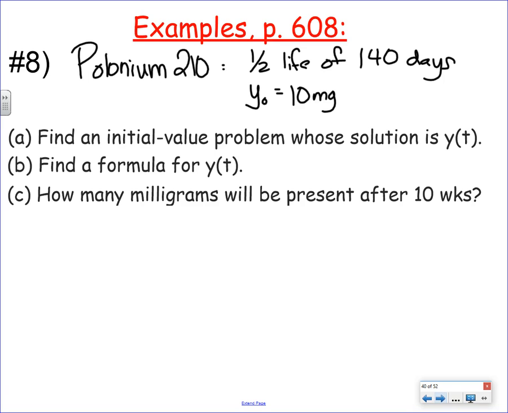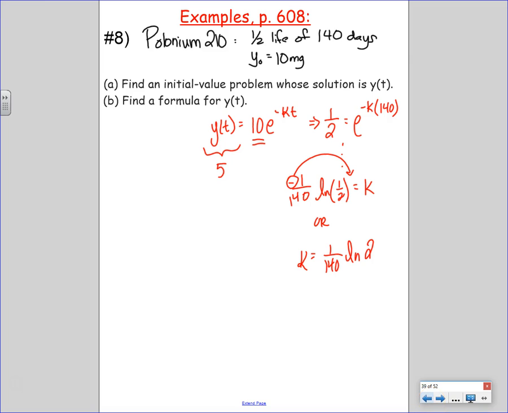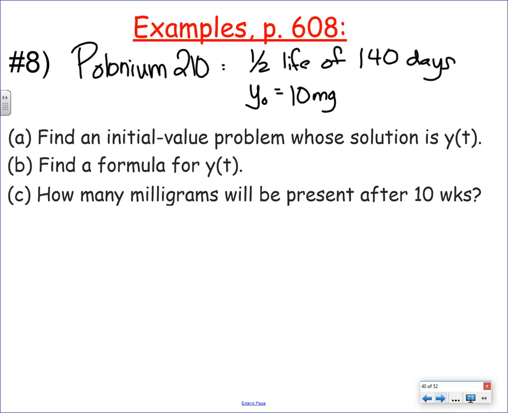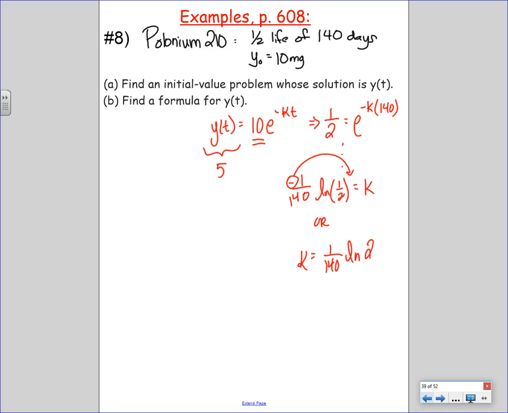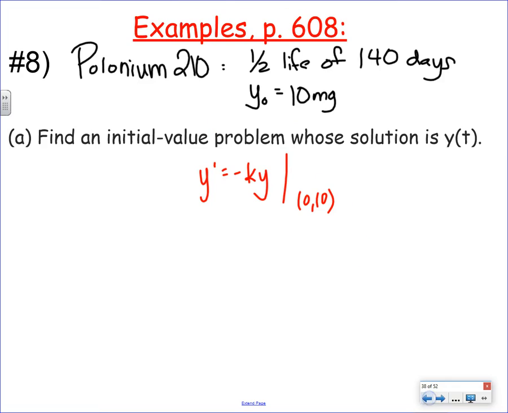So what's going on with letter C? Wait, did we finish? We basically did. We ended up with, just so we can use it in letter C, y of t is equal to 10e to the 1 over 140 ln of 2t. Is that right? Okay. Wait, pause. That was my k, right? And my k gets plugged in, with a negative.